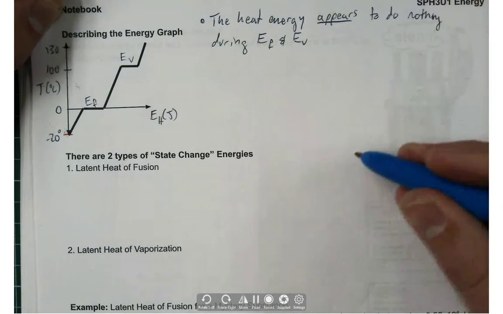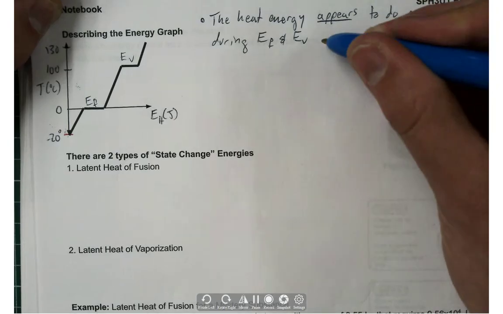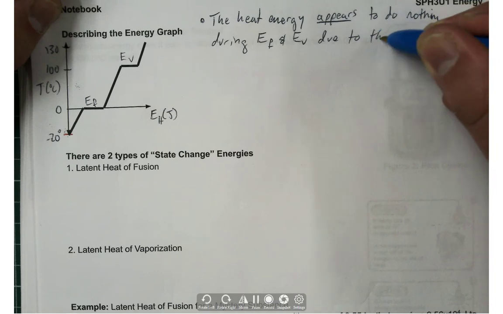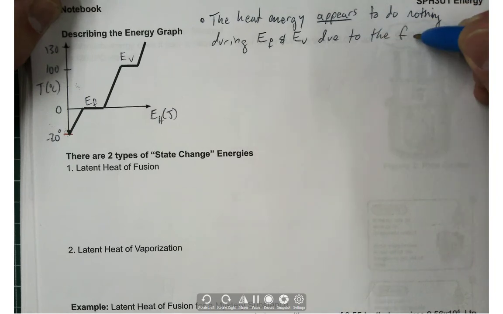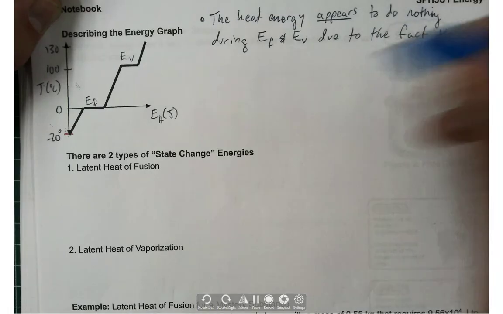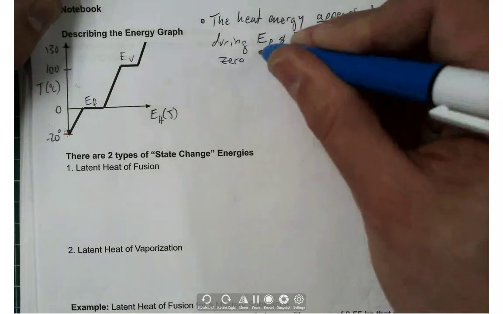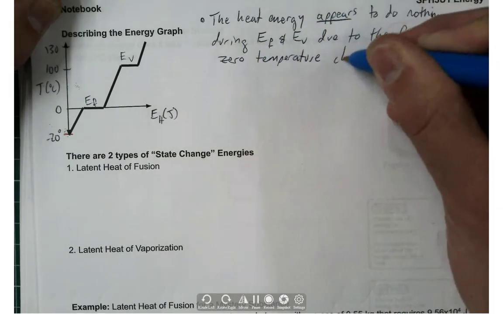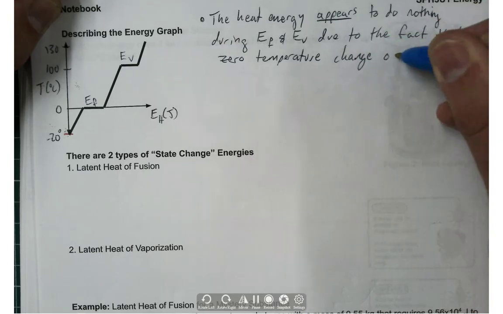And the reason it appears to do nothing is due to the fact that zero temperature change occurs. Of course, something is happening.